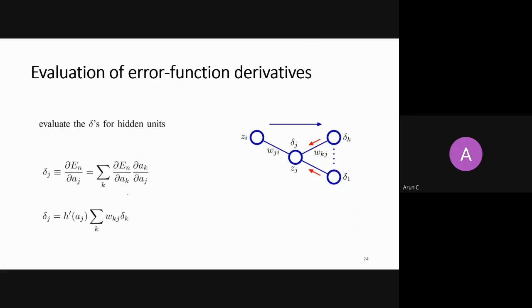One more step before I dive into the calculation. For example, if I am at some hidden layer, it may have many units, right? So for one unit, this one unit may be connected to more than one unit in the next layer.